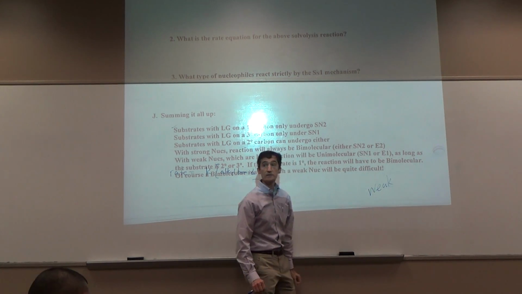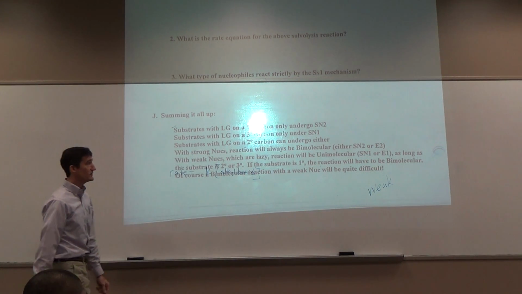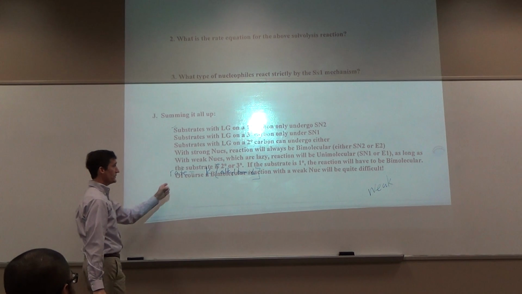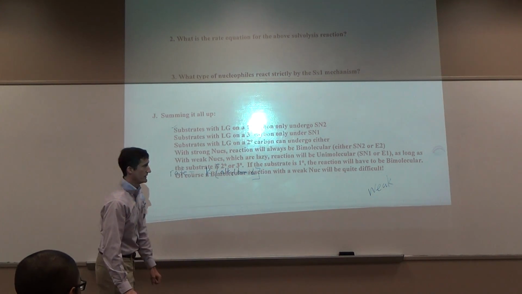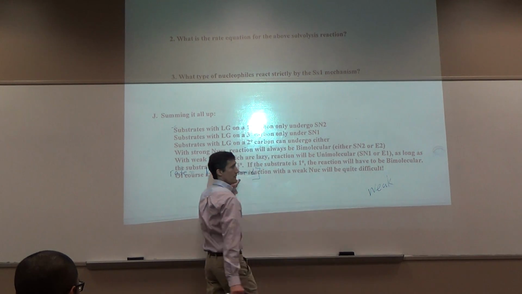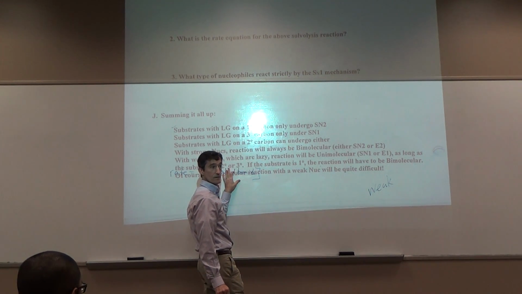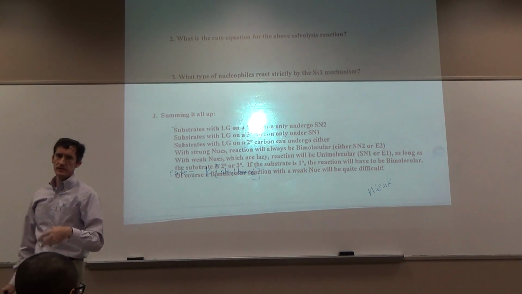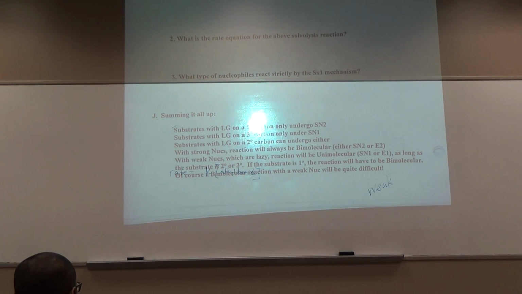SN1, or when we get to elimination, E1. Those are lazy. They're not strong enough to be in a rate determining step. But as long as the substrate is secondary and tertiary. Because you wouldn't do SN1 on a primary. Or E1. When we get to elimination, it'll be very similar considerations.